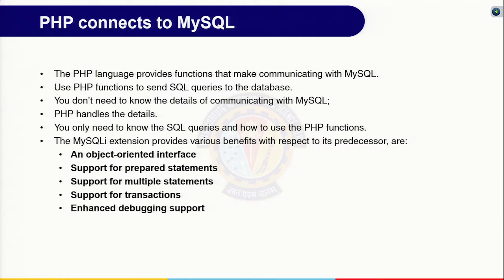There are various benefits with the improved MySQL version, which gives us an object-oriented interface, support for prepared statements for sending multiple queries at the same time. It also gives us debugging support and support for transactions.